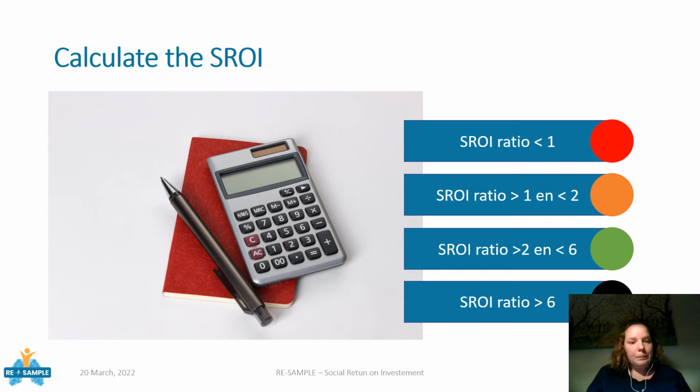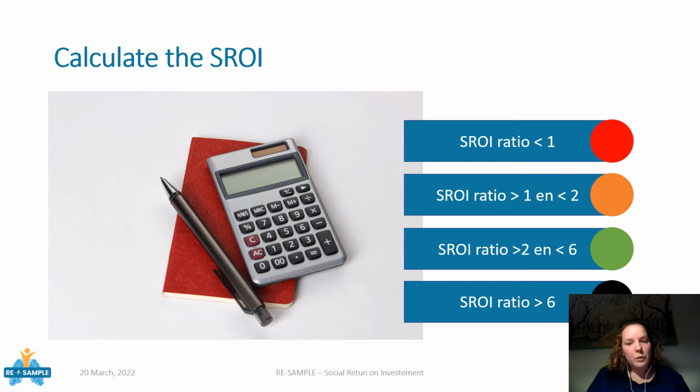When this impact is established, then we can calculate at the end the SROI. And in general, there we have some benchmarks concerning this SROI ratio. A ratio of 1 means that we have to stop because the innovation is not viable, or it's not promising enough to get this commitment between the stakeholders.